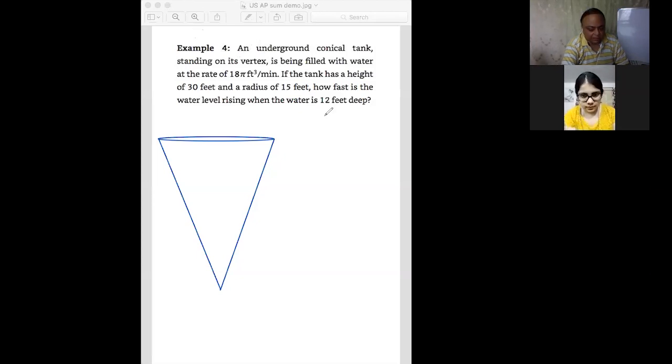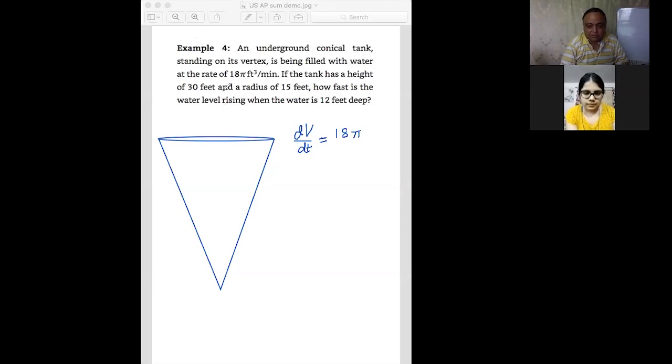It means very simply that dV by dt is 18 pi, right? Keep the unit for now. So it's being filled with water at this rate.